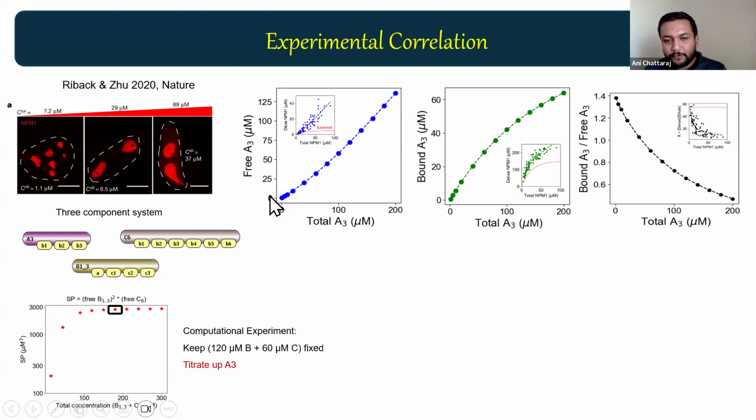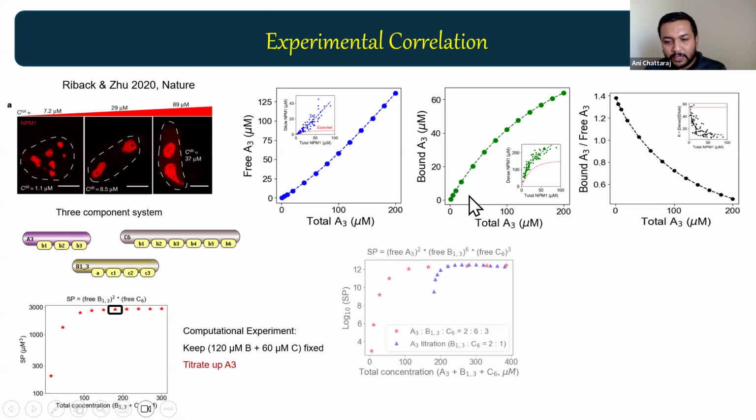So we have this free A concentration increasing as a function of total A. But interestingly, once we take the solubility product of this ABC, this complicated three component system, we see very interesting behavior: although the individual A component is changing, the solubility product reaches a maximal level.